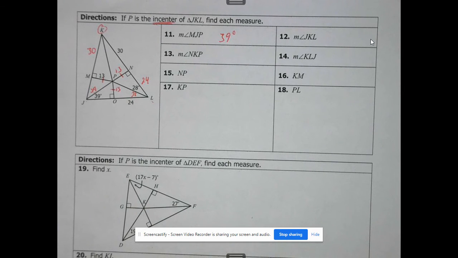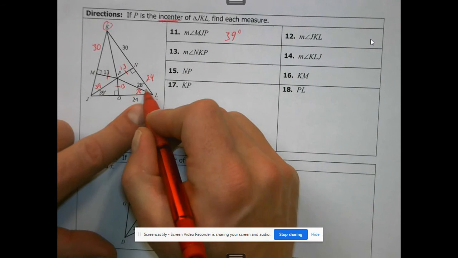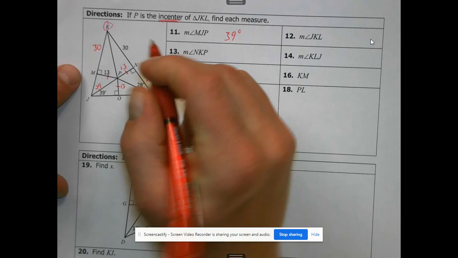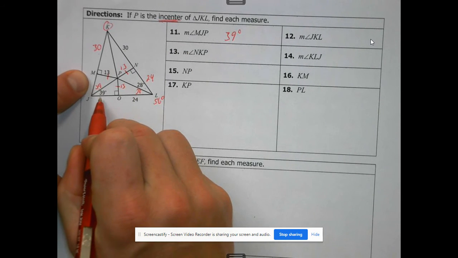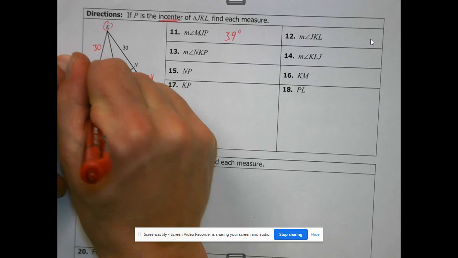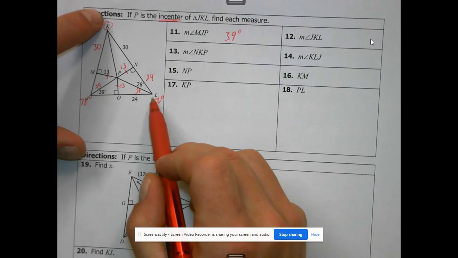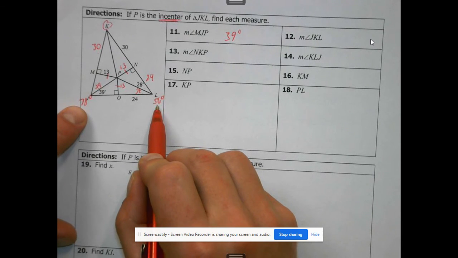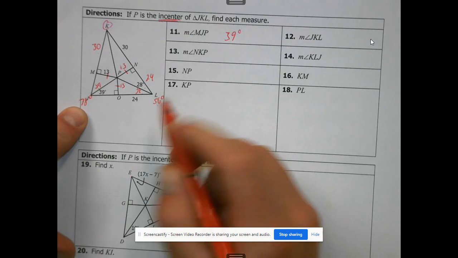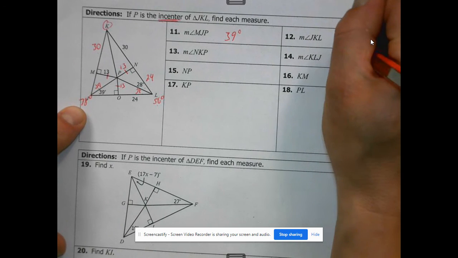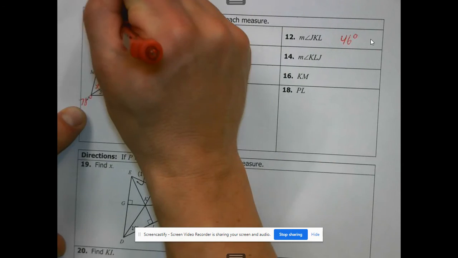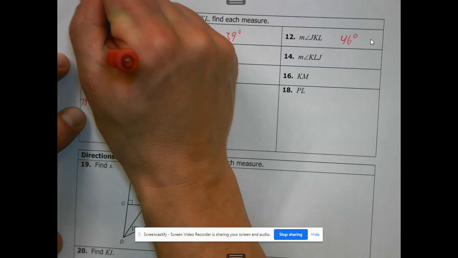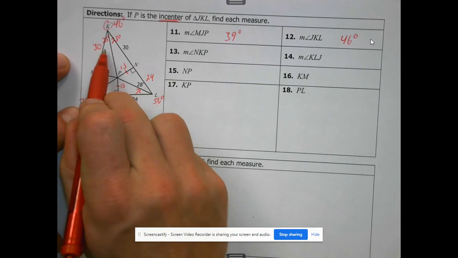Okay, we can do this. 28 and 28, 56. 39, 39, 78. There's 180 inside of a triangle. So if I add these two up and subtract from 180, angle K is going to come out to be 46 degrees. So this whole thing is 46. Cut that in half. 23 for that one, 23 for that one.